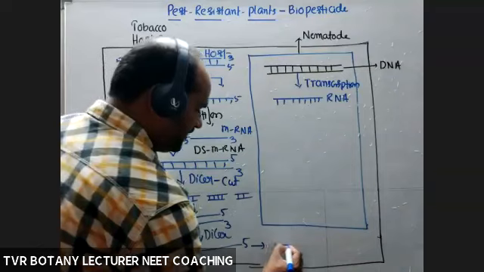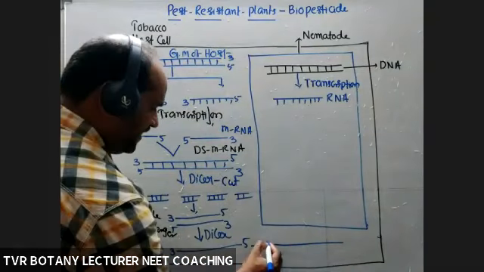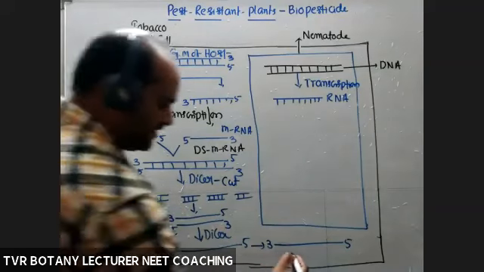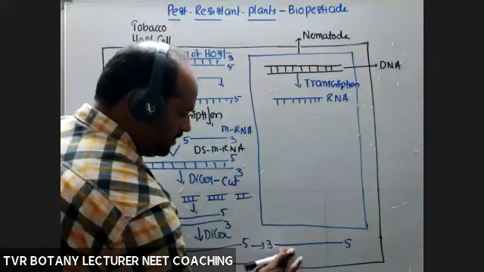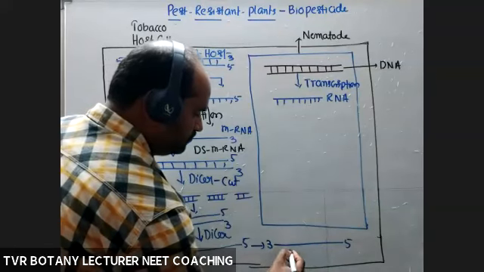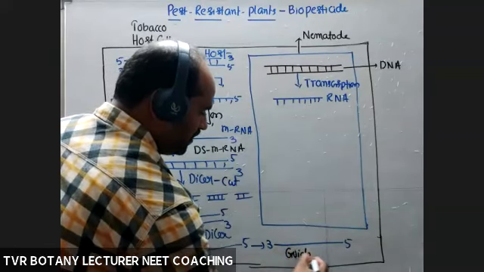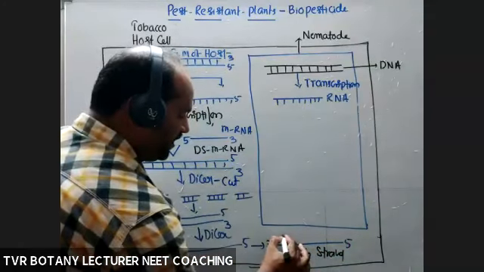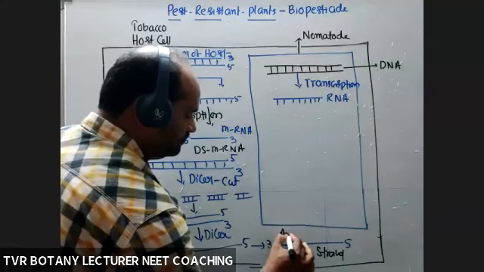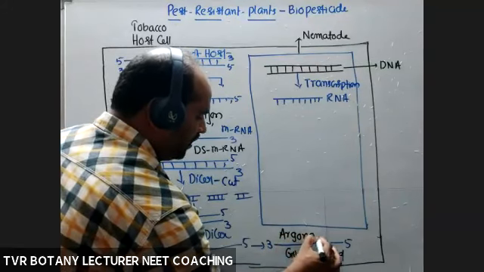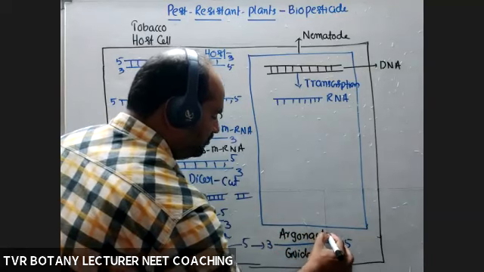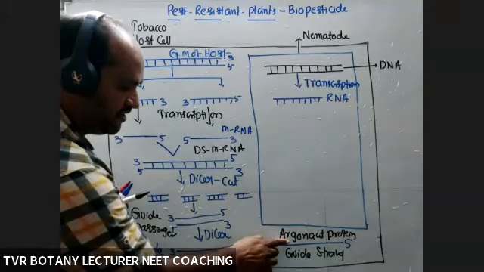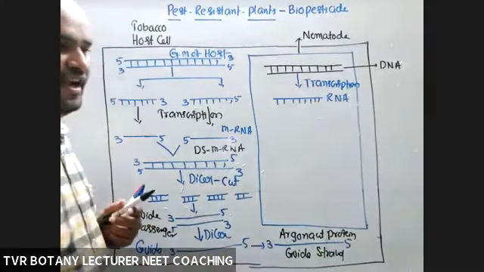Take that guide strand here, 3, 5. Now this is the guide strand. The guide strand is associated with argonaute protein and other proteins also.